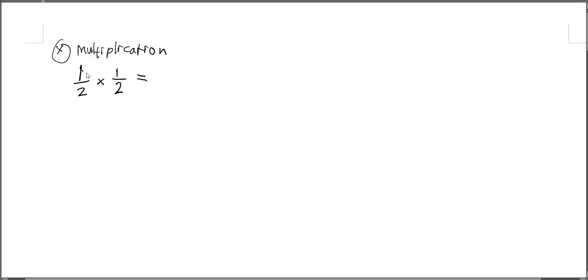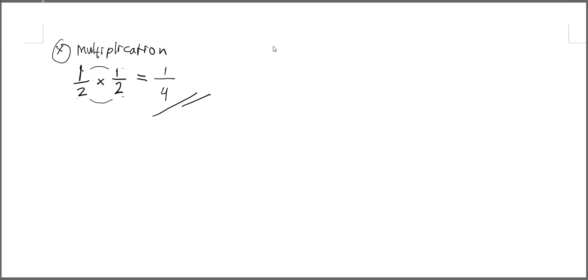Here, we just need to operate numerator with numerator, denominator with denominator. 1 times 1 equals 1, 2 times 2 equals 4. That's all. And I would like to give you the logic behind it.